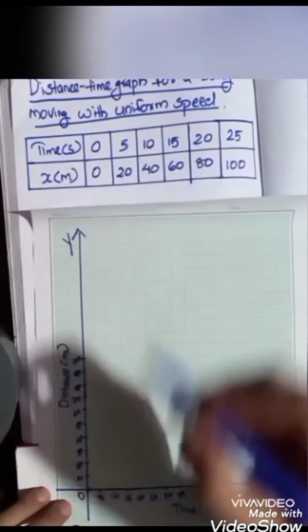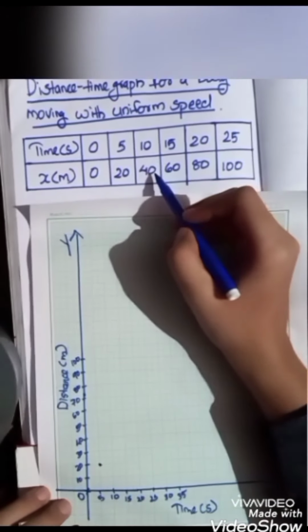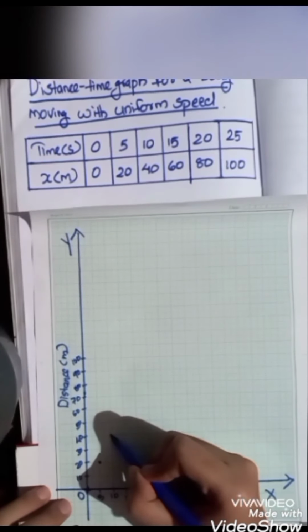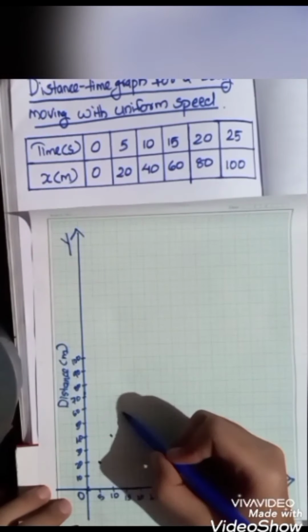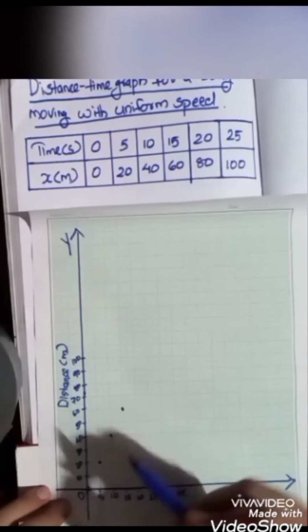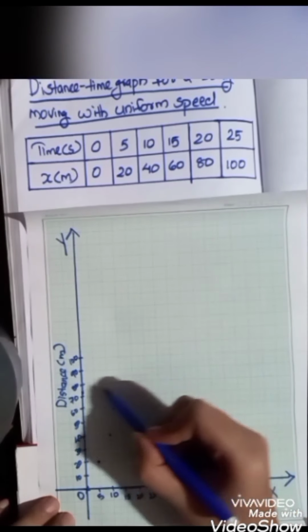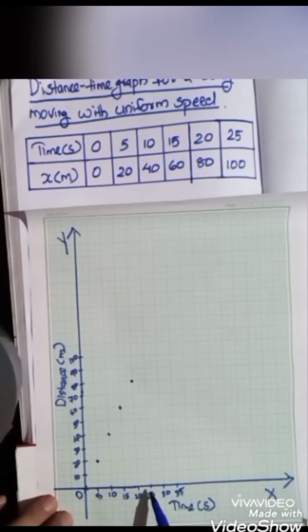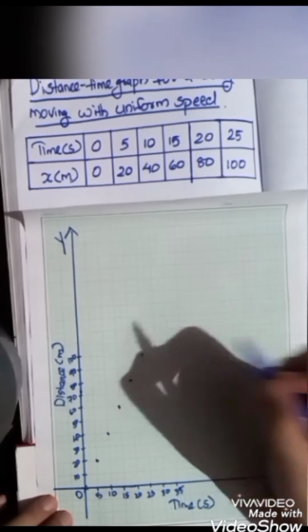At 5 seconds it is 20, at 10 seconds it is 40, at 15 seconds it is 60, at 20 seconds it is 80, and at 25 seconds it is 100.